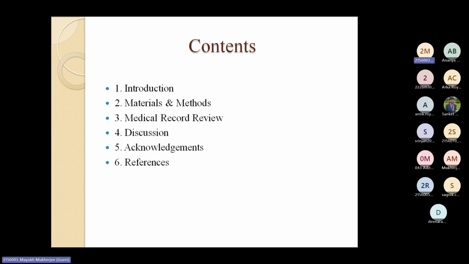These are the contents I've made in the presentation. We have the introduction, followed by an experiment, then the discussion, and finally acknowledgements and references.